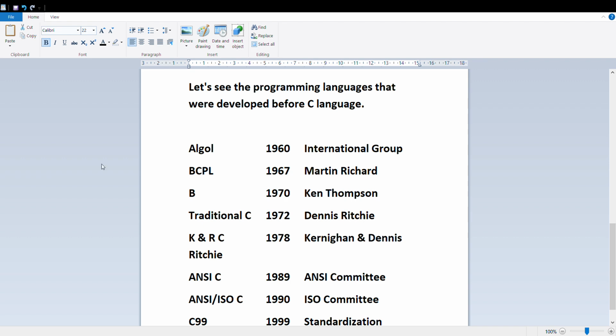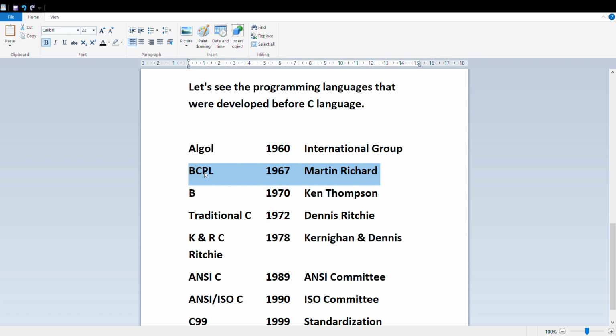Here BCPL and B are both called typeless programming languages. What features do we have in BCPL? Those features are used in the B language, and these features are used in traditional C language.